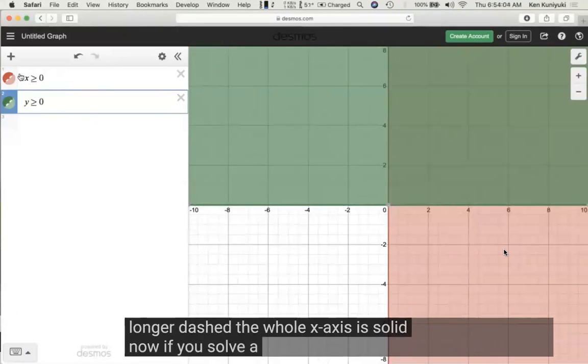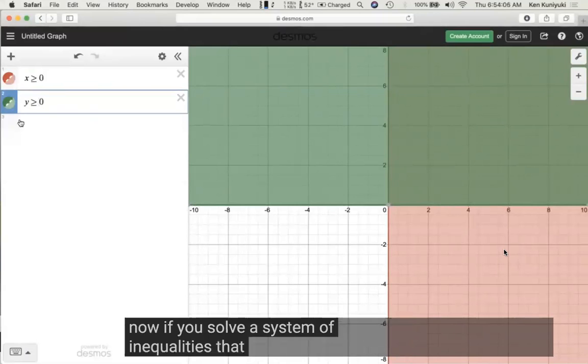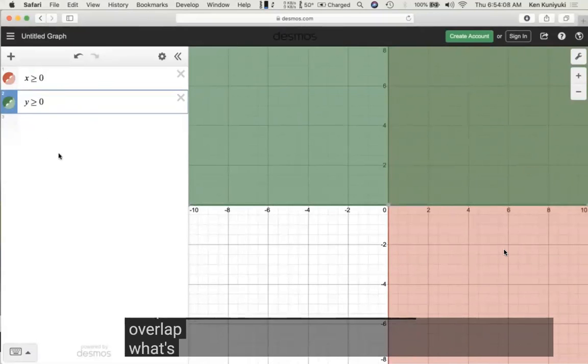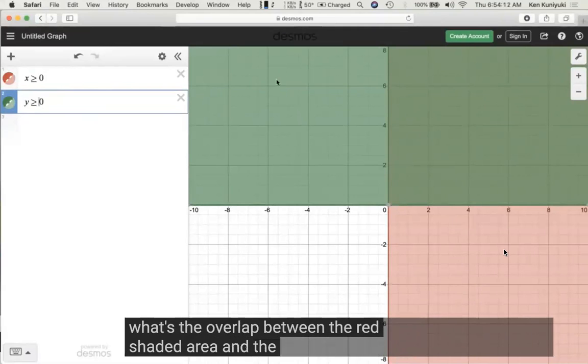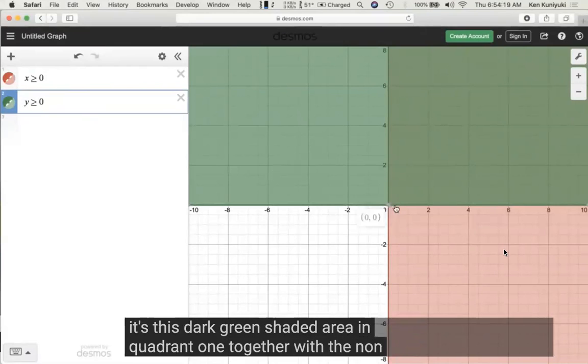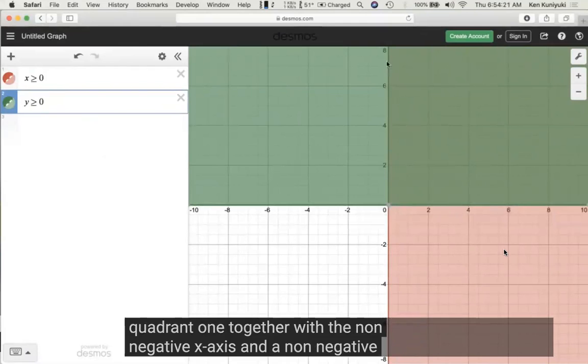Now, if you solve a system of inequalities, that means we need the overlap. What's the overlap between the red shaded area and the green shaded area? It's this dark green shaded area in quadrant 1, together with the non-negative x-axis and the non-negative y-axis.